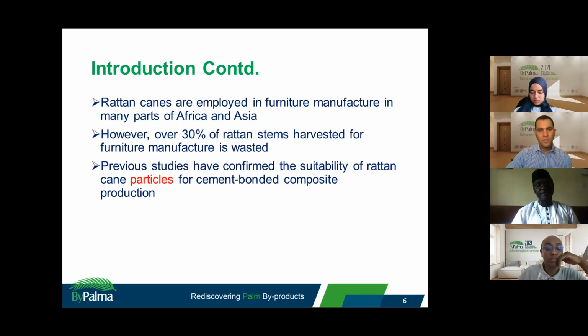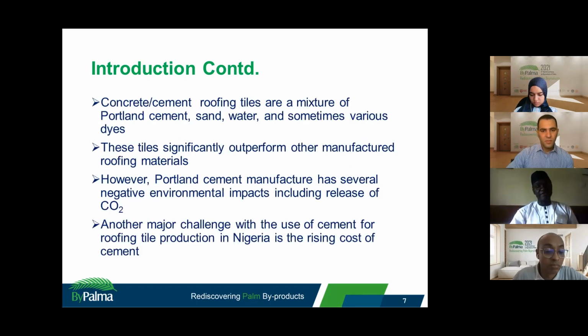Now, we have used rattan particles in the past. In my research team, we have even used rattan cane furniture waste. But we moved on to converting the rattan to fibers and mixing with cement and looking at their behavior. There is a challenge with using cement for production of building products.